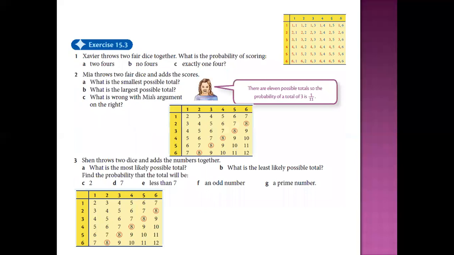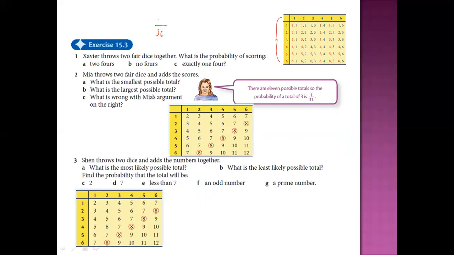And also examples here, Javier throws 2 fair dice together. What is the probability of scoring? And I have especially copied here our table, okay, because we'll use it. And let's read our question again. Javier throws 2 fair dice together. So it means our denominator will be 36.